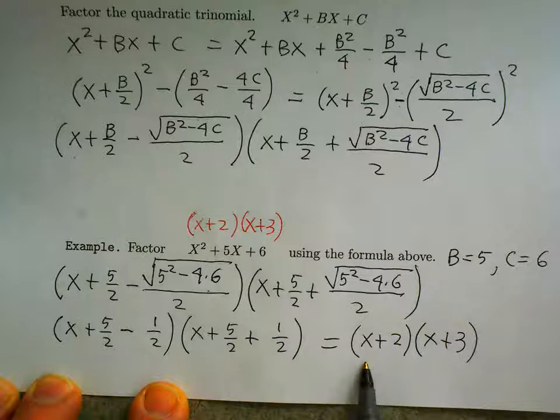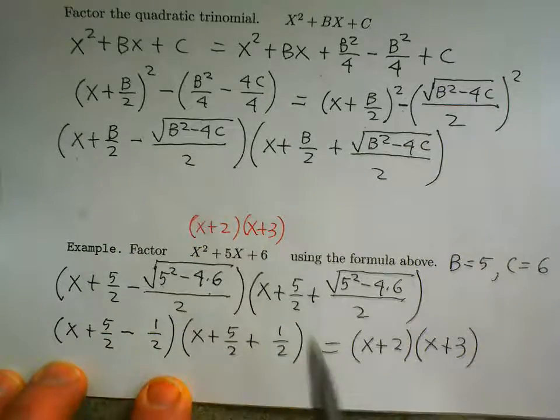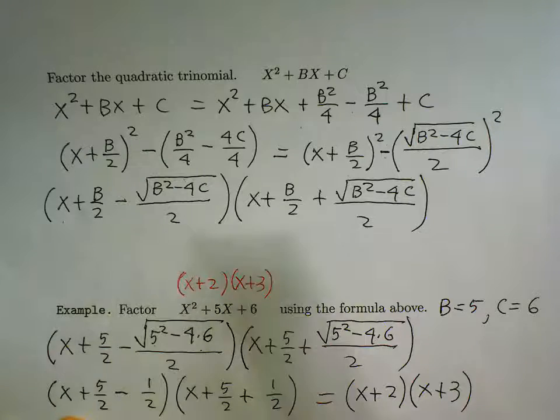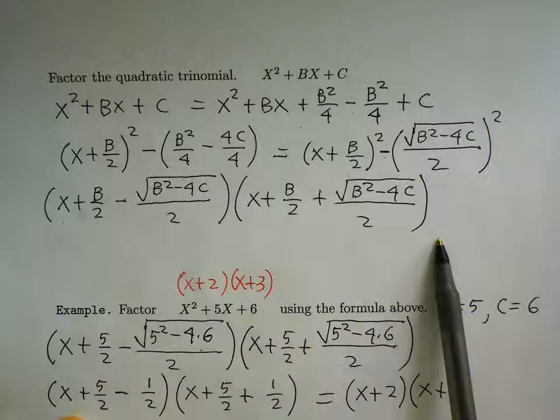So we get the factors (x + 2)(x + 3). But once again, this is just using an atypical method for factoring the quadratic trinomial.